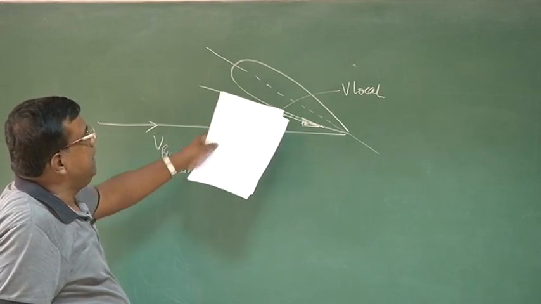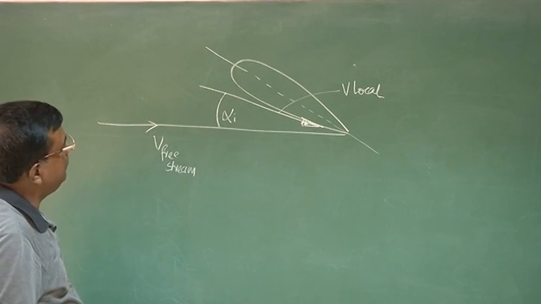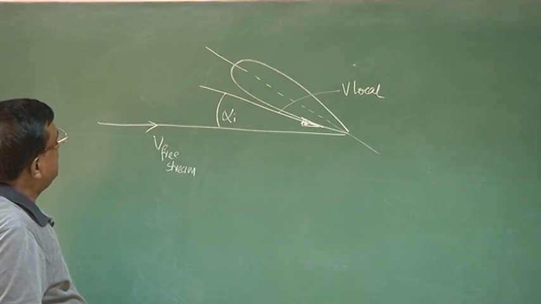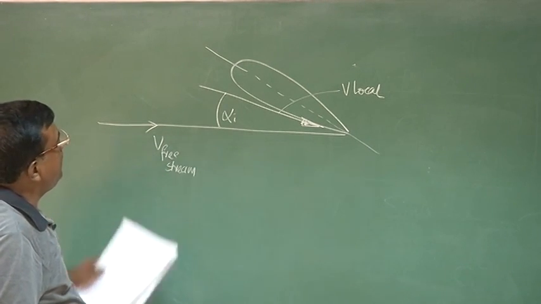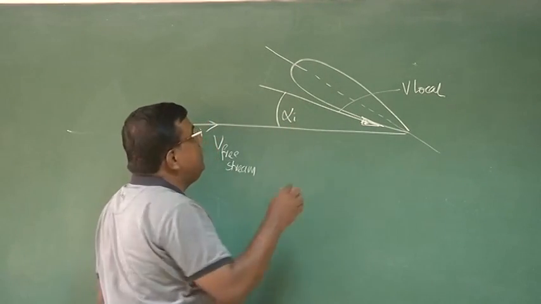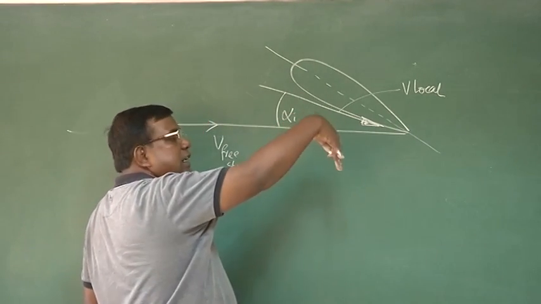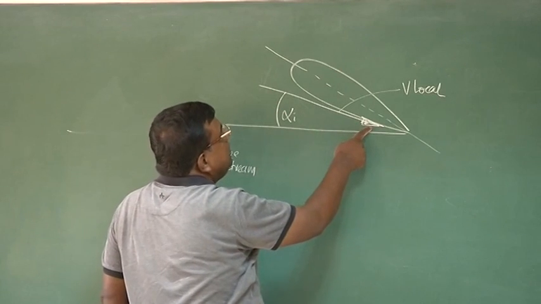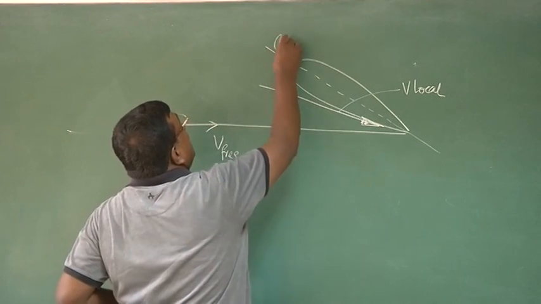So this is typically, let's say, a wing, and this is the free stream velocity. As it comes near the wing, there's a downwash because of wingtip vortices. The velocity vector gets tilted downward. So this is the local velocity direction, and this is the chord line.